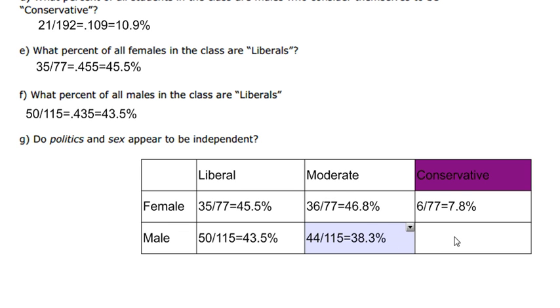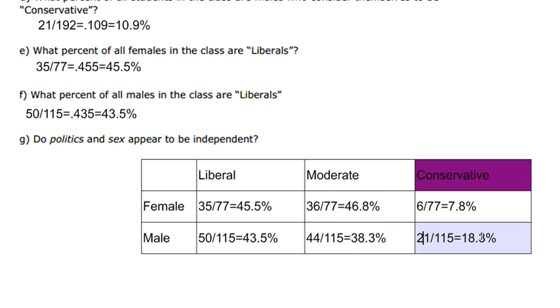And then conservative males, there were 21 who said they were conservative. So that gives me 18.3%.